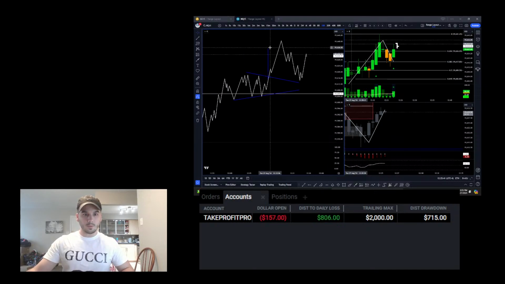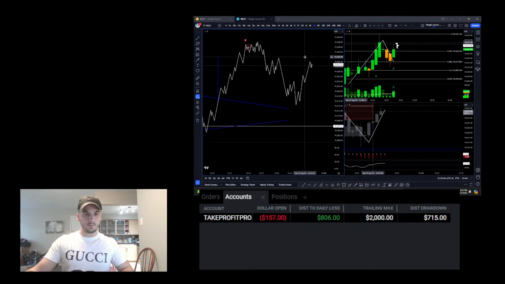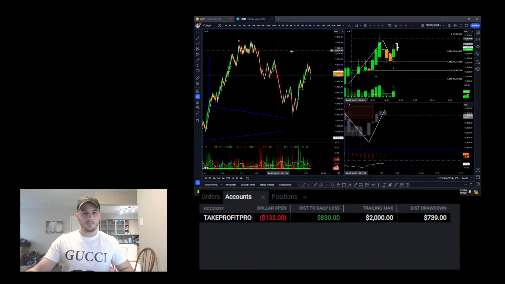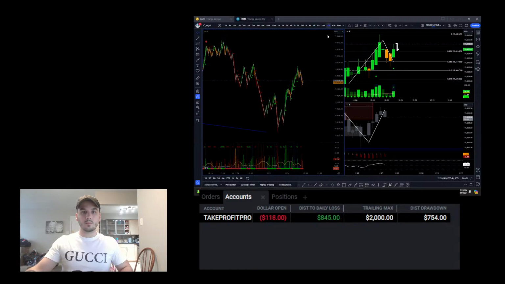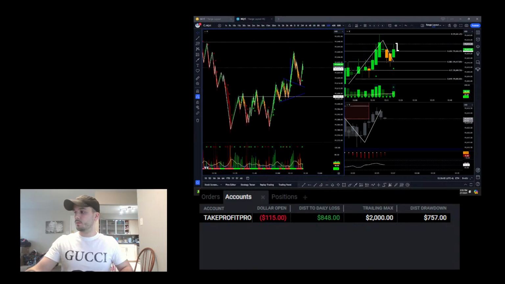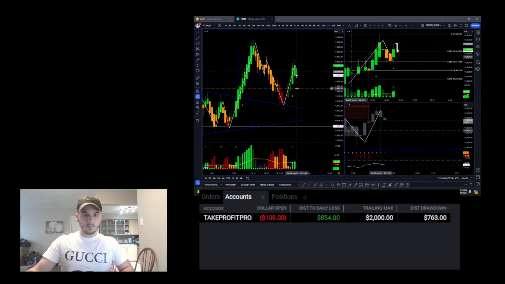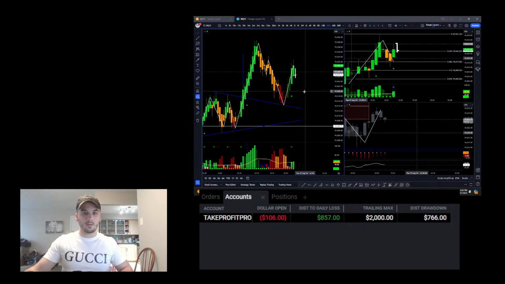Let's see if we get the pattern up here too. Check it 5. Look at how vertically we came back down to touch that and move up.